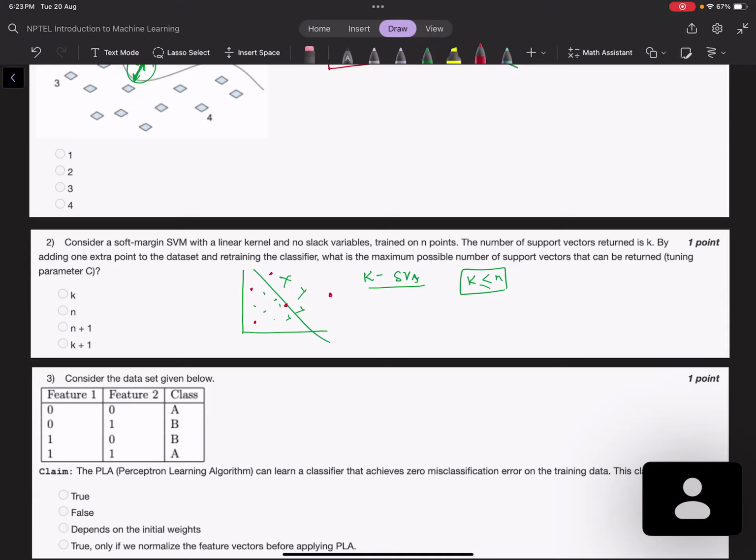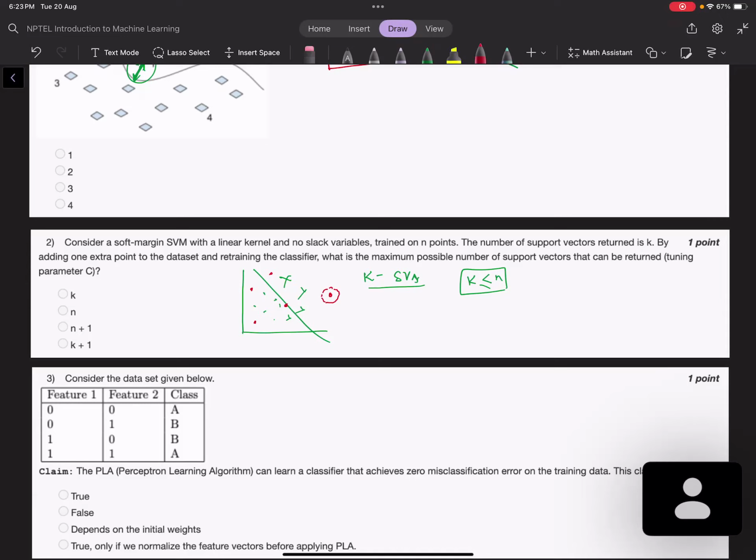But if I consider this point, which is very far away from the decision boundary, then it might not be a proper point to be a support vector, right?